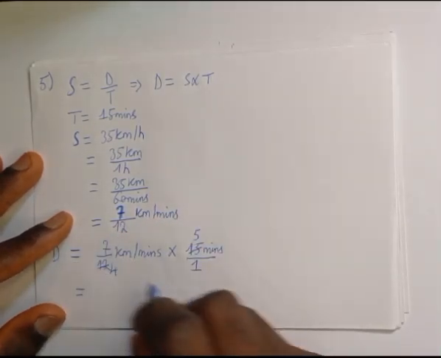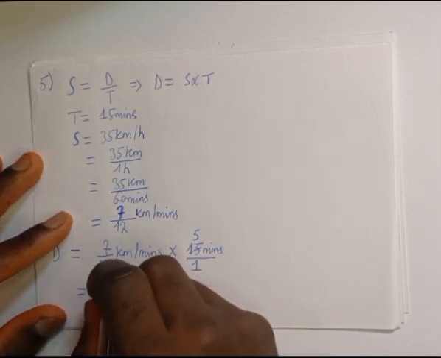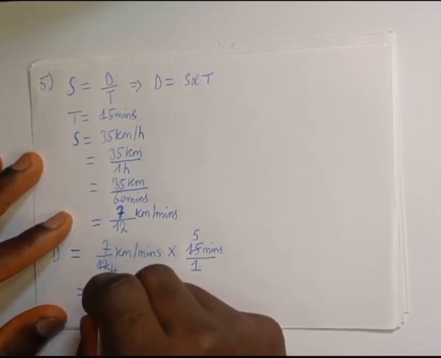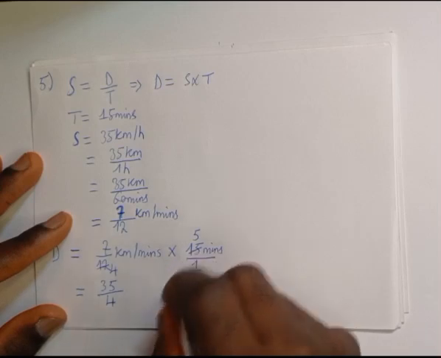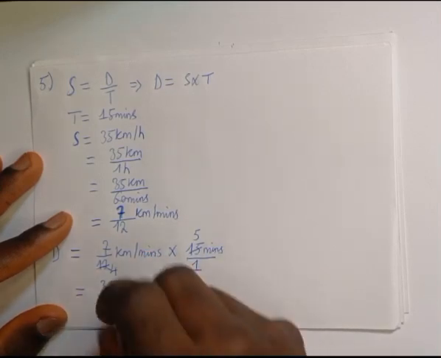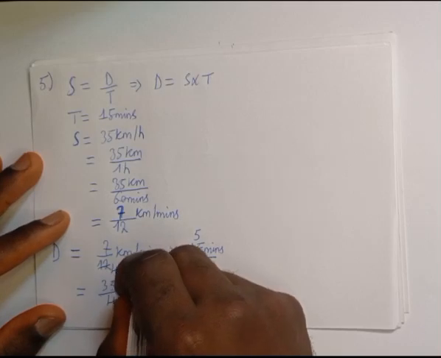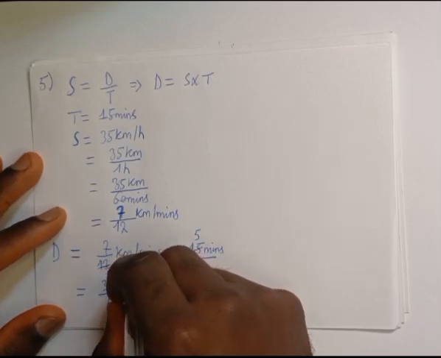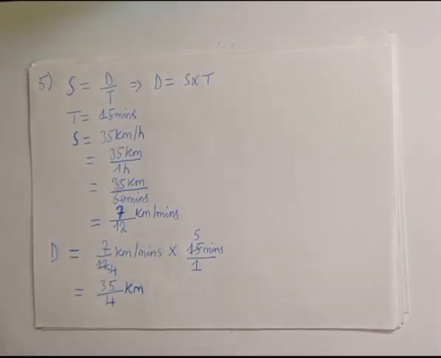This will simply be equal to 7 times 5 gives us 35 all over 4 times 1, which is 4 at the denominator. Kilometers per minute times minutes, the minutes will cancel. We'll be left with kilometers. That means the distance traveled from home to school by D4 in 15 minutes is 35 over 4 kilometers.